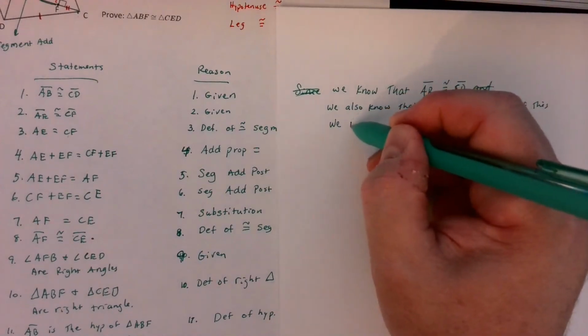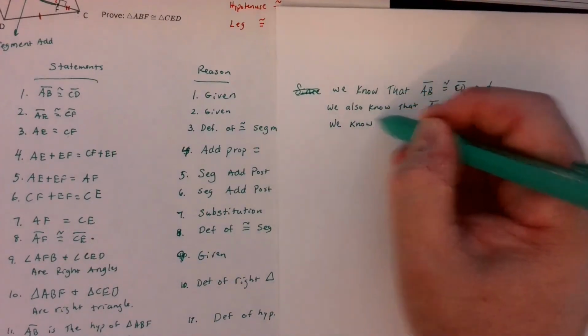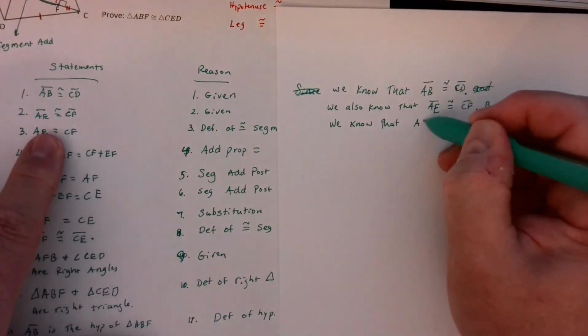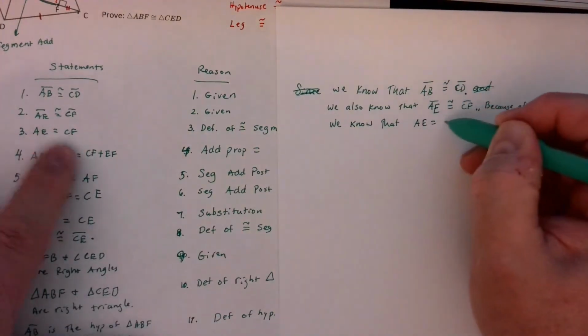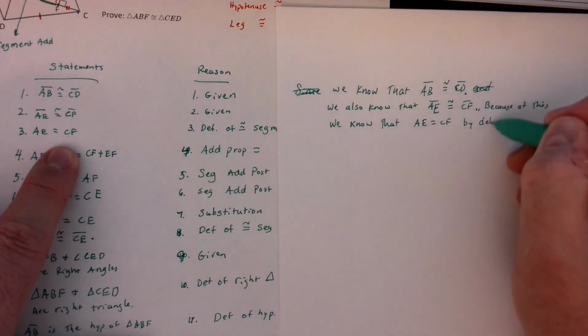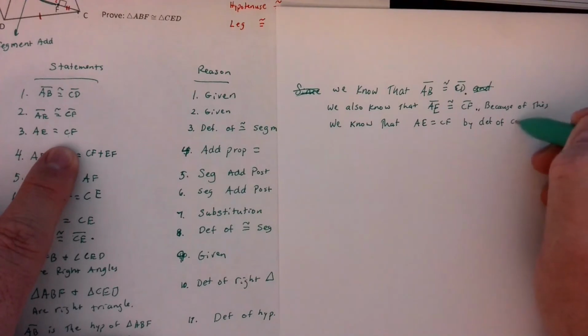We know that AE equals CF by definition of congruent segments.